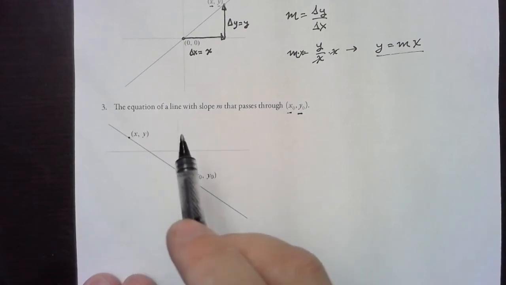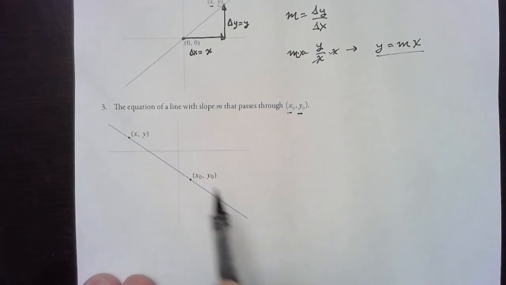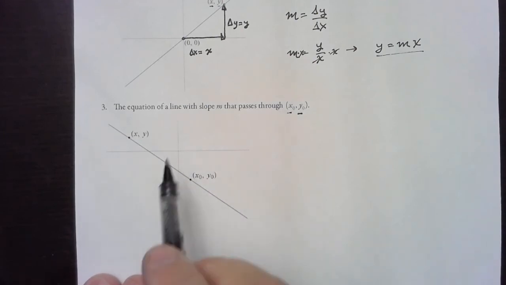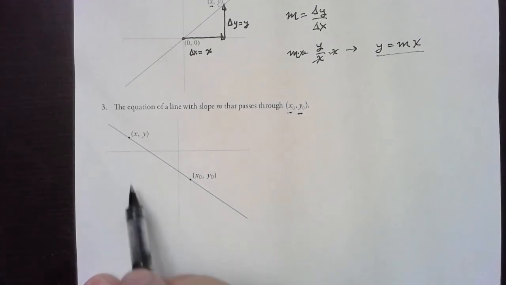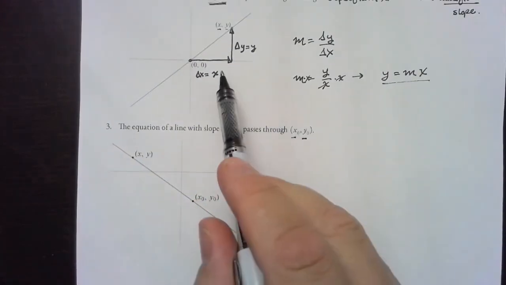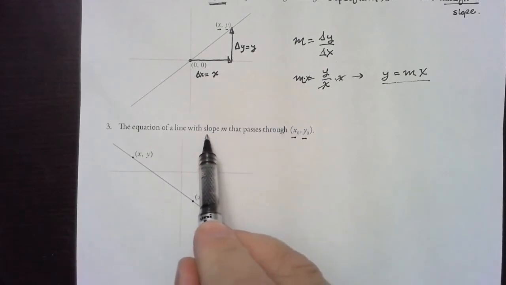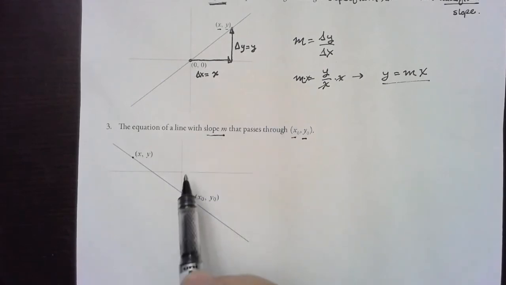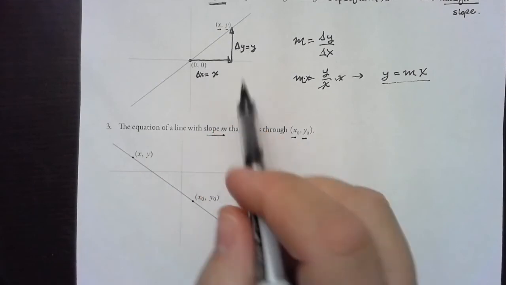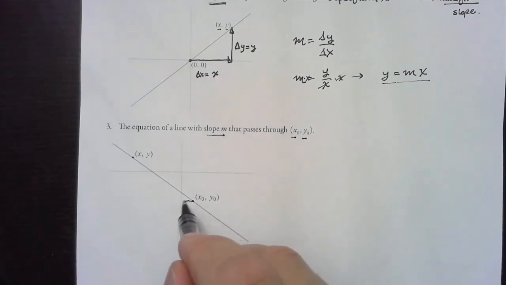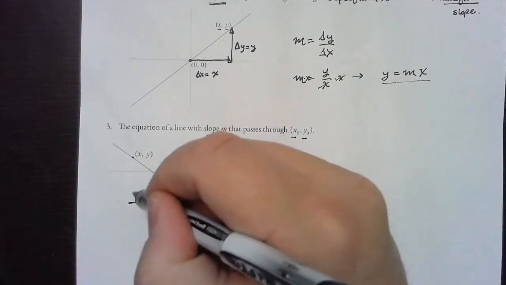It's potentially confusing, but when we do an example in the next video, hopefully it will become clear what's going on here. So let's do what we did here for this line. We know it has slope m, and I'm going to make this stair step that's going to start here and end here.